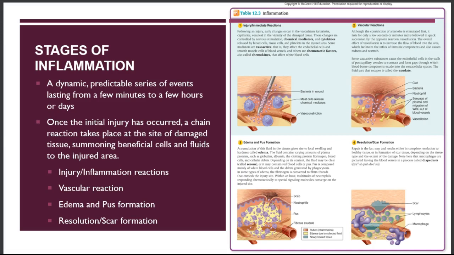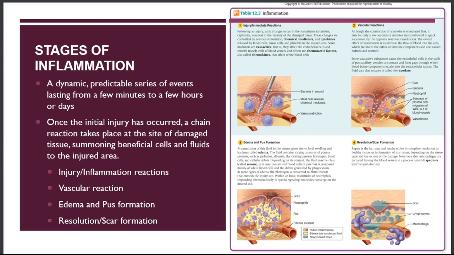Step 1 in the inflammatory response is the injury and the immediate reactions. We're going to have chemical mediators that will be released by cells at that location. They might be mast cells or some other white blood cells that happen to be in that location.